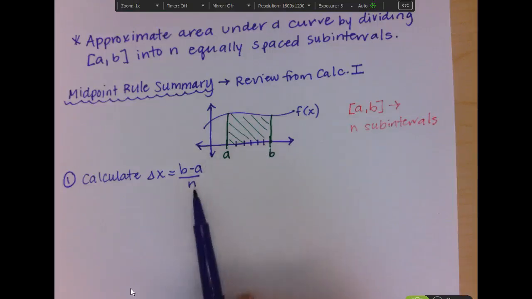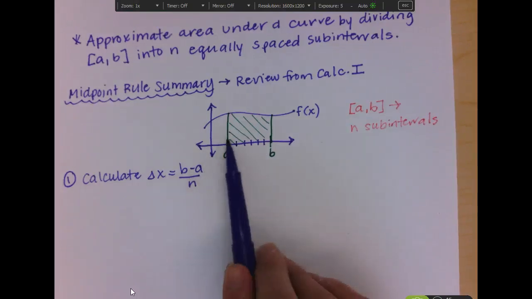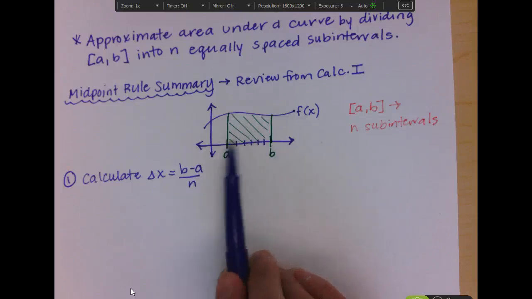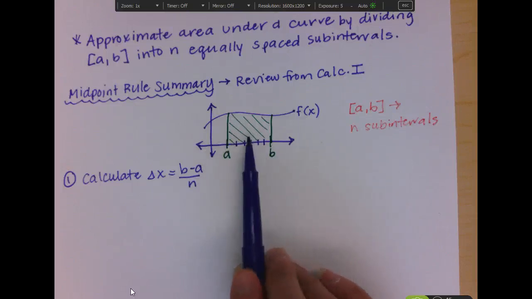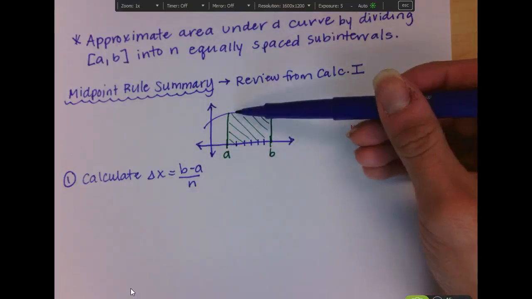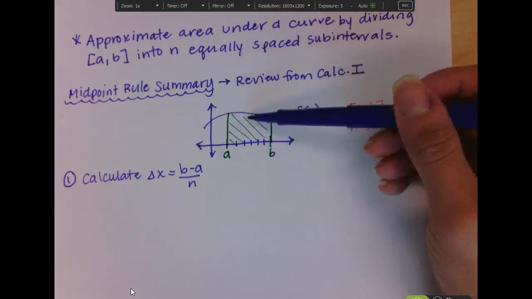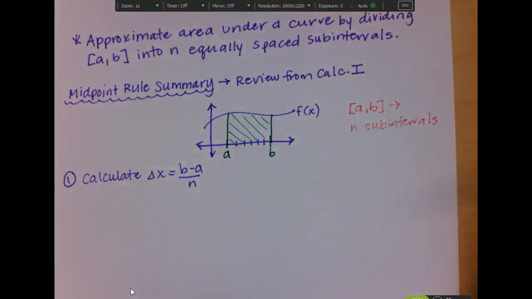If I only split this up into n equals 2, or 2 subintervals, I'd have 2 different rectangular regions where there'd definitely be a lot of either overestimation or underestimation based on those rectangles.